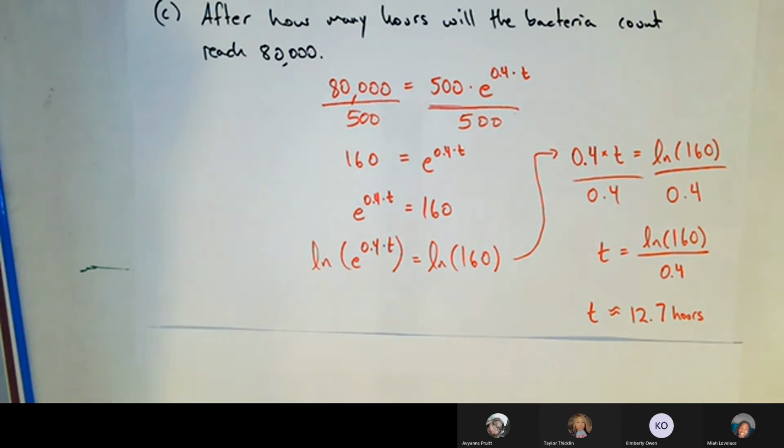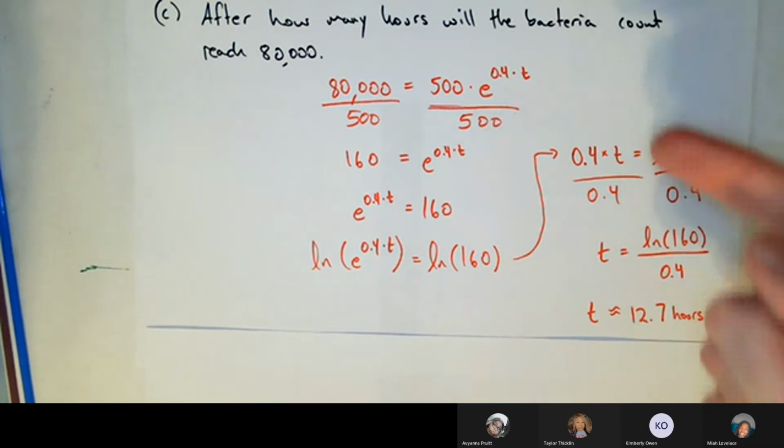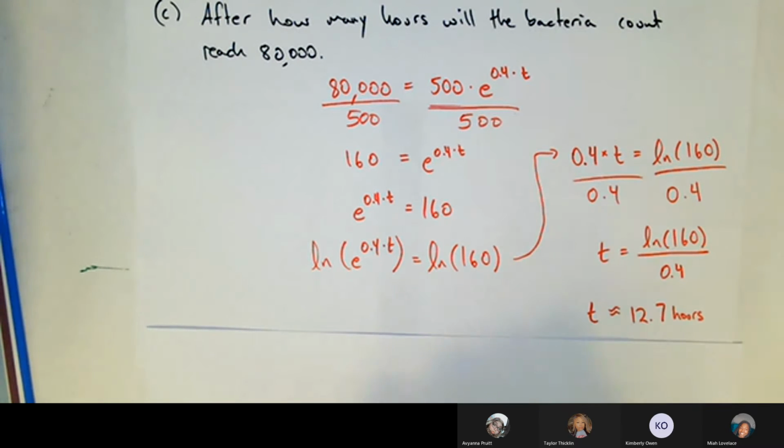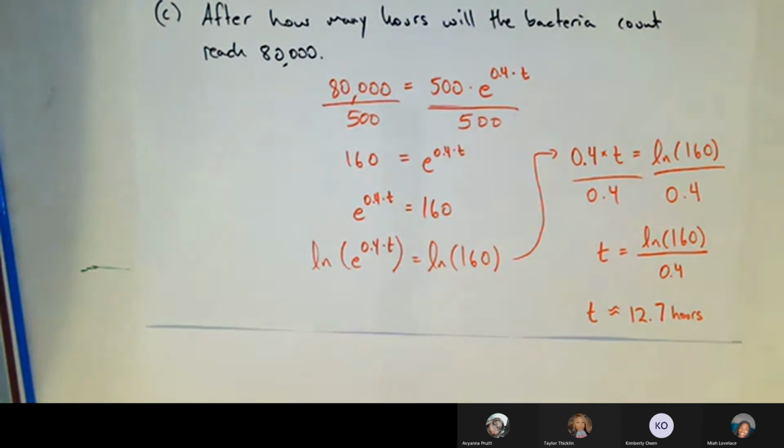So they're asking you to use the function kind of in reverse. That's why there's so much more algebra going on, because you're having to pull out that input value, the t value that's buried all the way up in that exponent position. You're unpacking everything off of it to be able to see what it is at that 80,000 population.